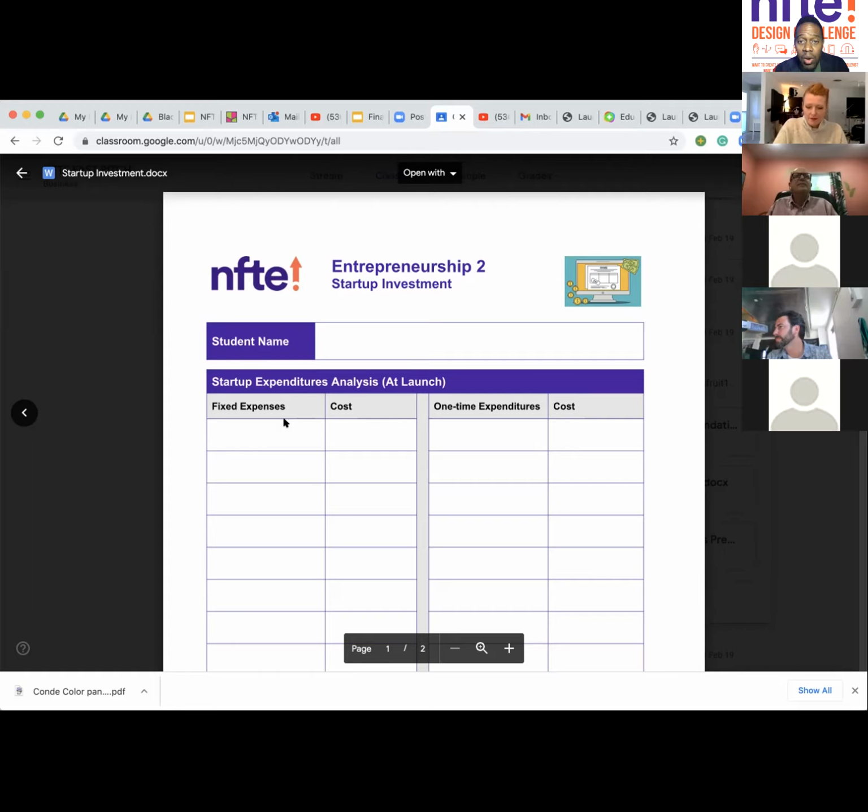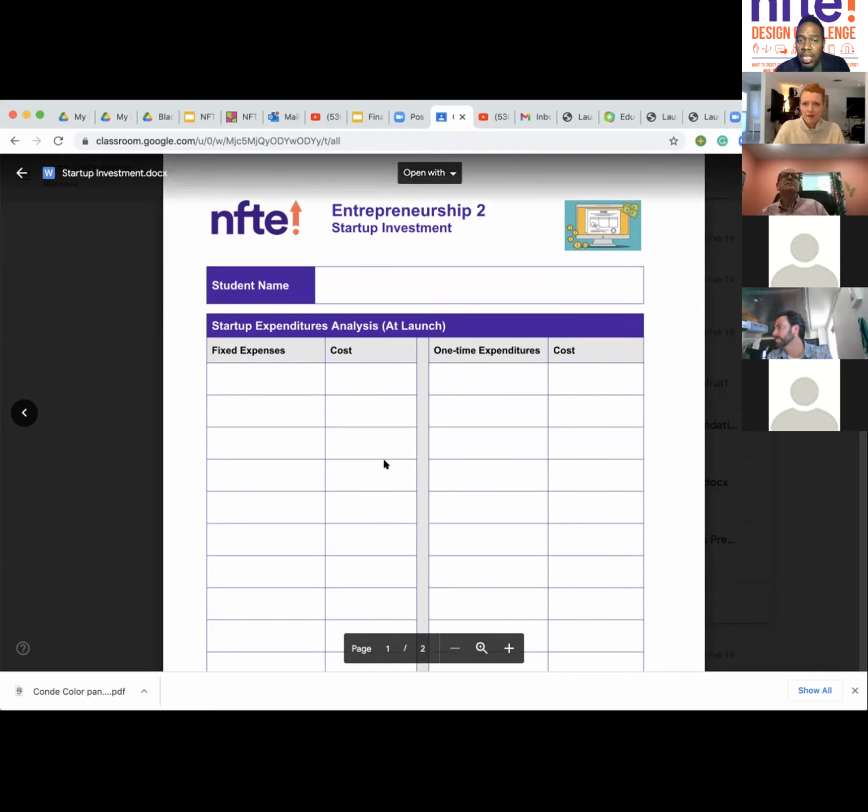And you're going to find out where you're going to get it and what the cost is. Okay. And then you're going to do the next one. Maybe she needs packaging to package a sponge. So you put that there and you put an estimated cost on that. And this document will help you understand what you really need to get things up and running to start this business.